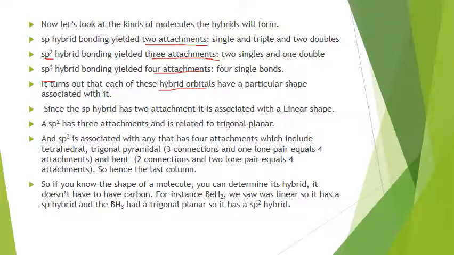And each of these hybrids has a particular shape. sp has linear, sp2 has trigonal, and so forth. Okay, let me explain that.